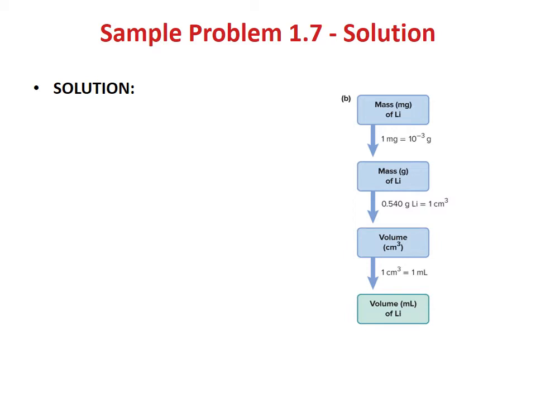We start with the given 895 milligram. We want to convert to gram, and the conversion factor is 1 milligram equals 10 to the minus 3 gram, with milligram in the denominator to cancel milligram and give you grams. So that's the first step.